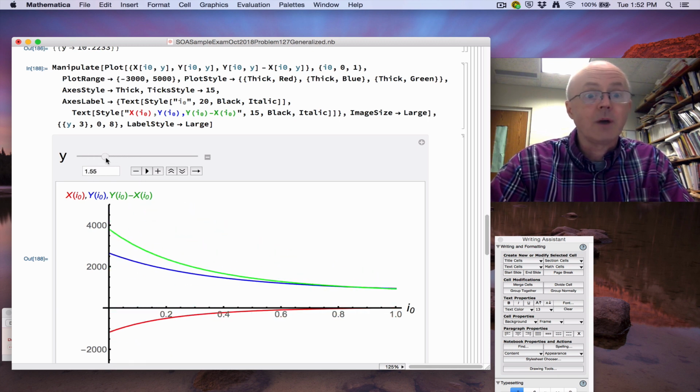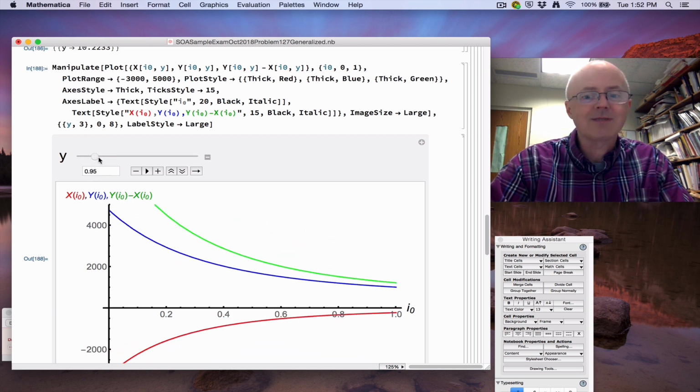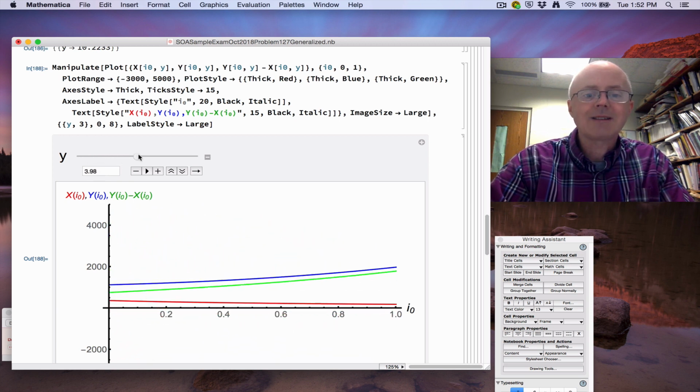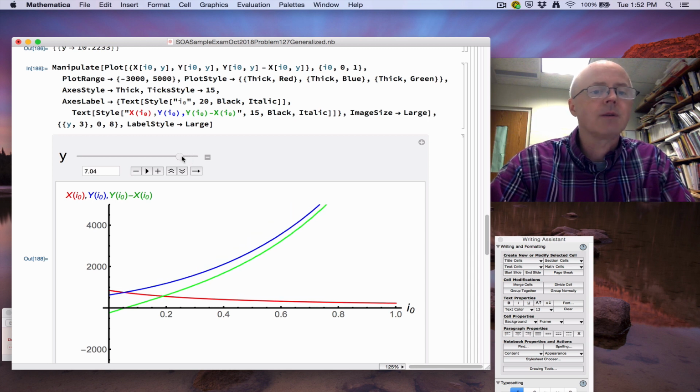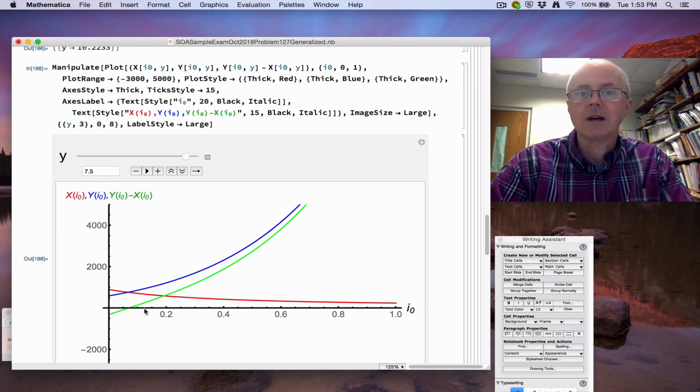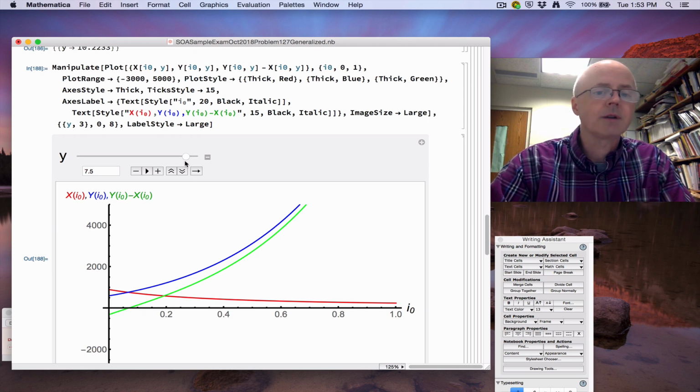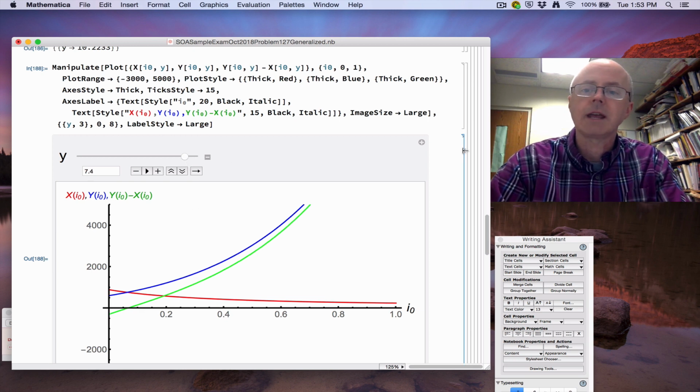And okay, if y is small, the graphs diverge quite a lot. And if y is big, they diverge quite a lot. They're more radical in their behavior when y is either small or large. And once again, we see that when y is large enough, the red graph gets above the blue graph, at least if I0 is small enough. All interesting things to think about, all have financial implications.